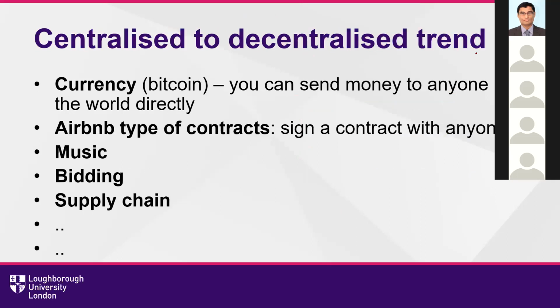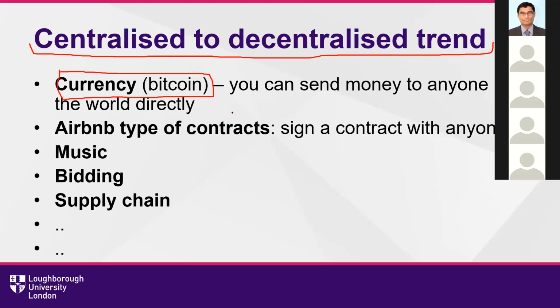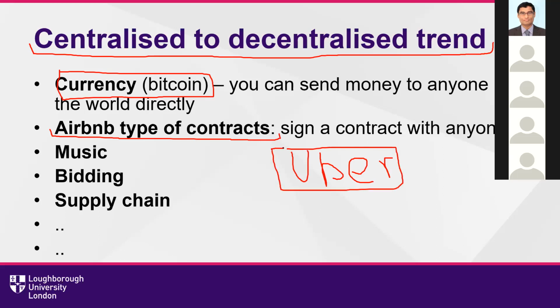Centralized to decentralized is the trend. Currency, digital currency, right? It's going from printed banknotes to fully digital currency. Airbnb-type contracts, right? Nowadays, or Uber, if you know Uber, these are the middlemen.